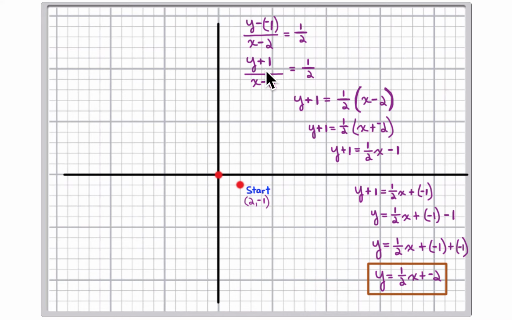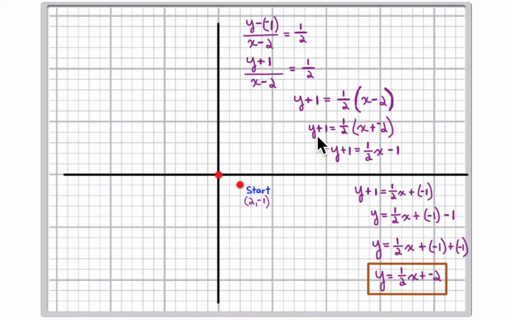So you can write that out now. The vertical length, y plus 1, is equal to 1/2 the horizontal length, or the change along the horizontal length.